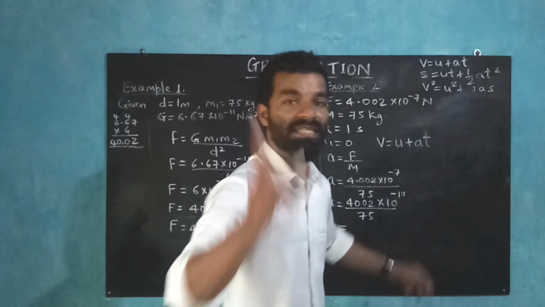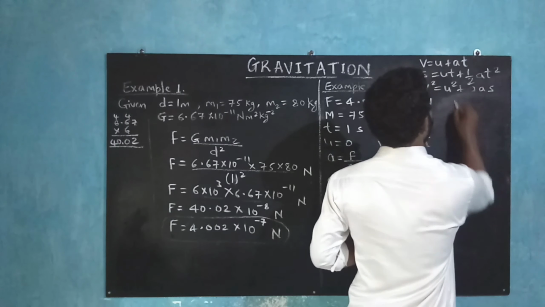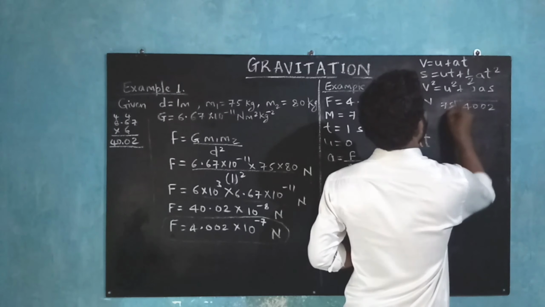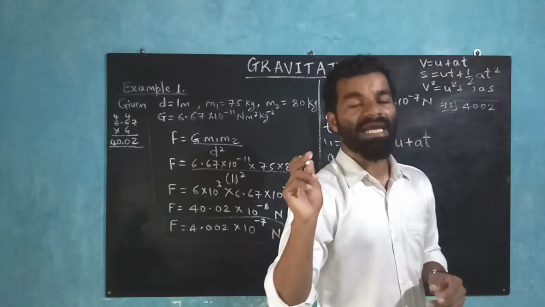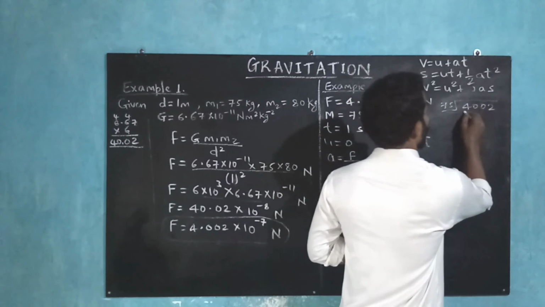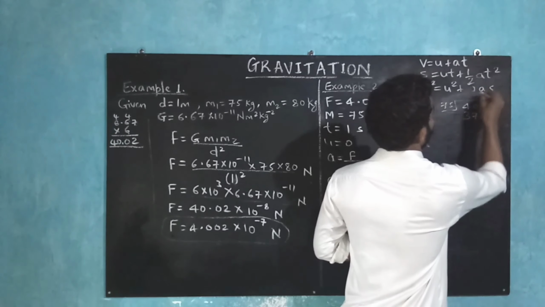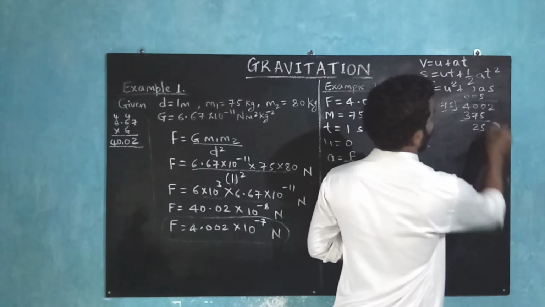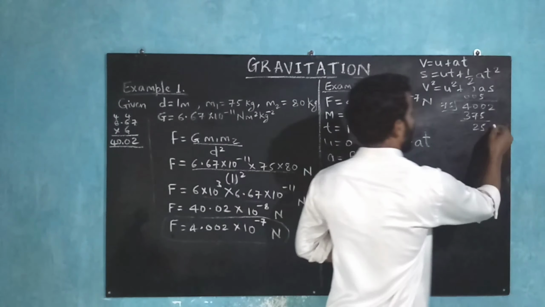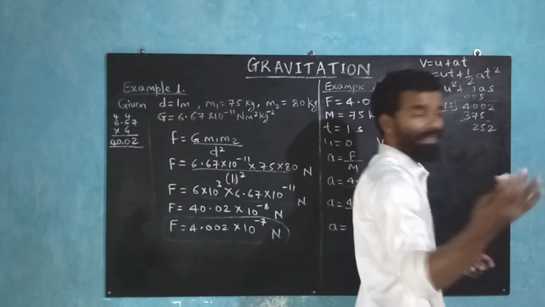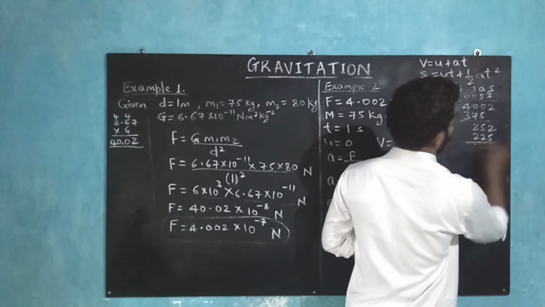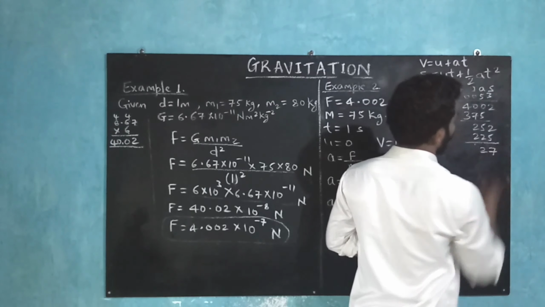Of course the unit is meter per second square. Dividing 4002 by 75: 75 times 5 is 375, and 75 times 4 is 300. The remainder is 25. Take 2 down, 75 times 3 is 225, so the remainder is 27.